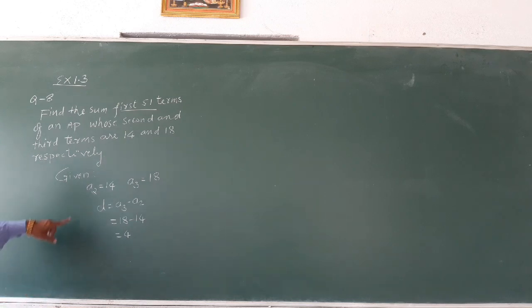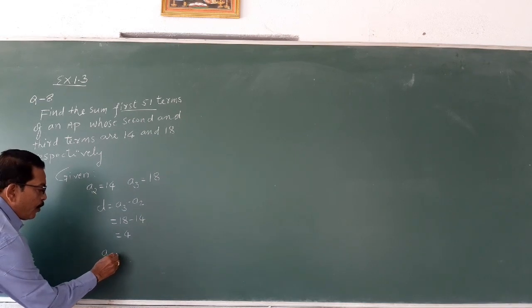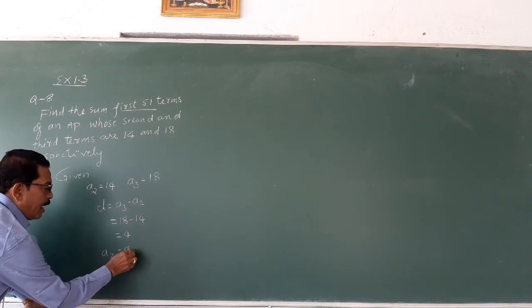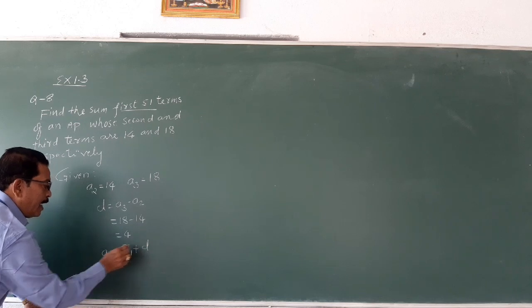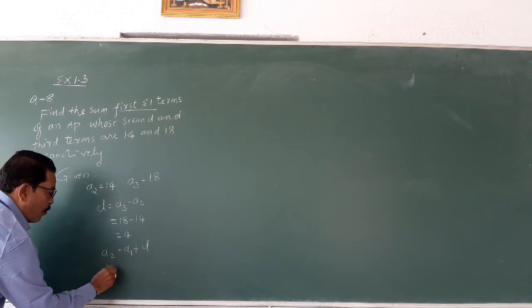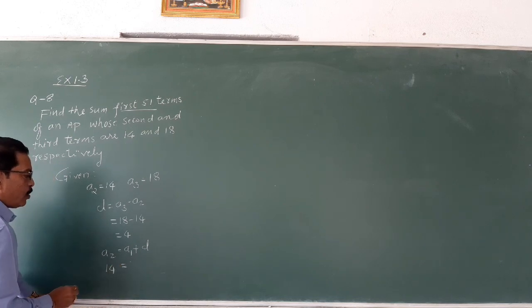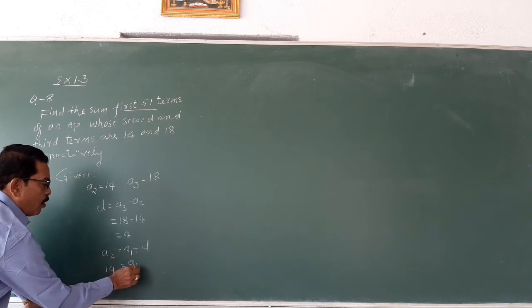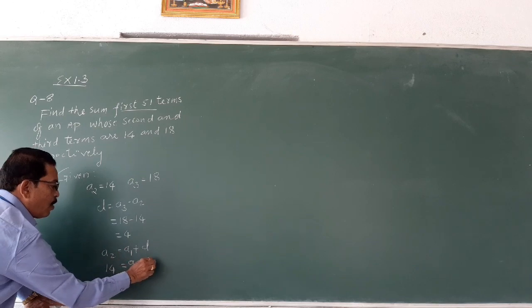Next, we do not know A1, the first term. So using A2, which means A1 plus D, A2 is 14. 14 equals A1, which we do not know, plus D, which we already know is 4.